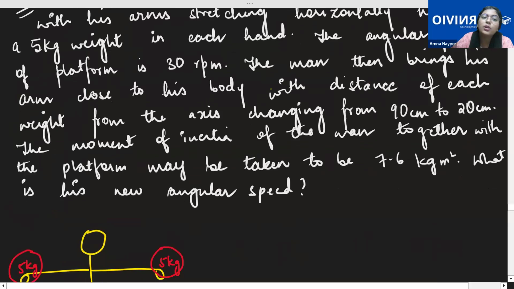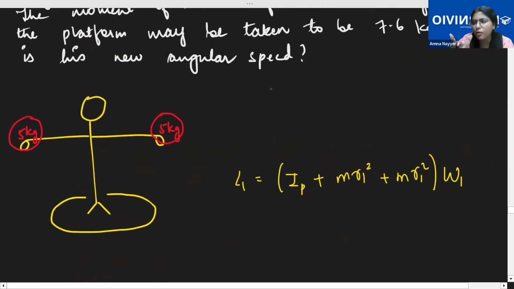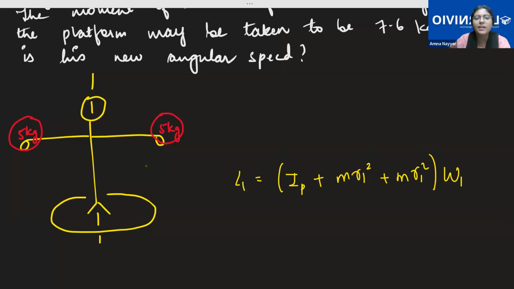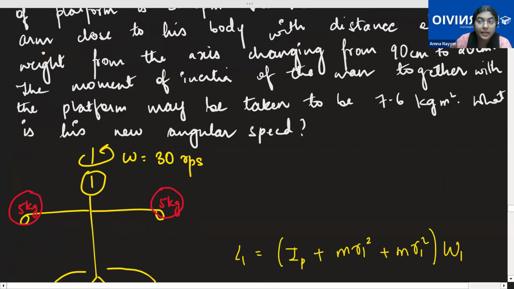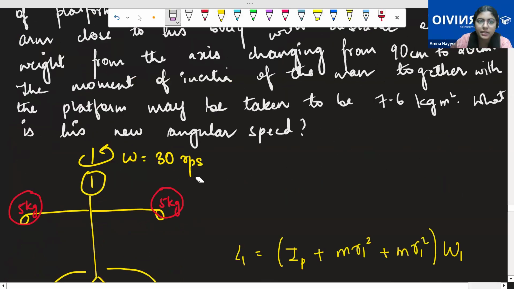The angular velocity of the platform is given. So obviously, if the platform is rotating, the man will also rotate with the weights. This is 30 RPM, rotations per minute.